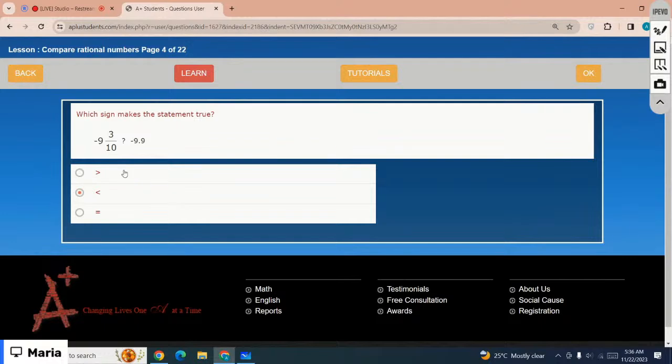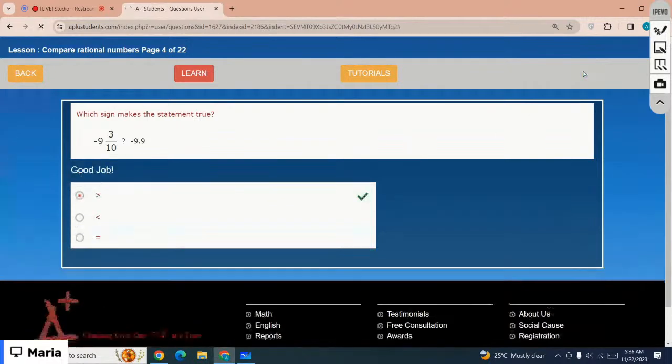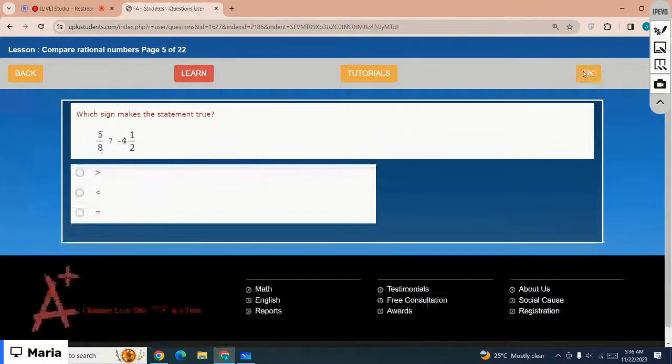Then you have to compare 5 by 8 to negative 4 whole 1 over 2.